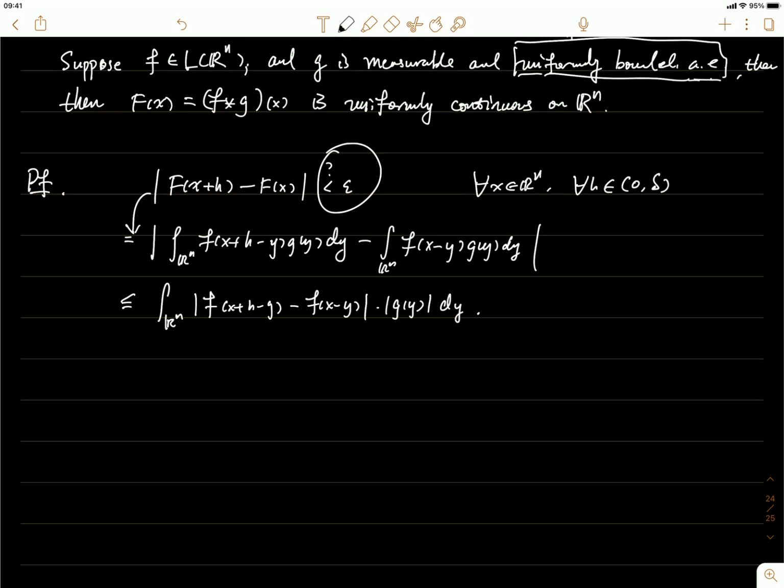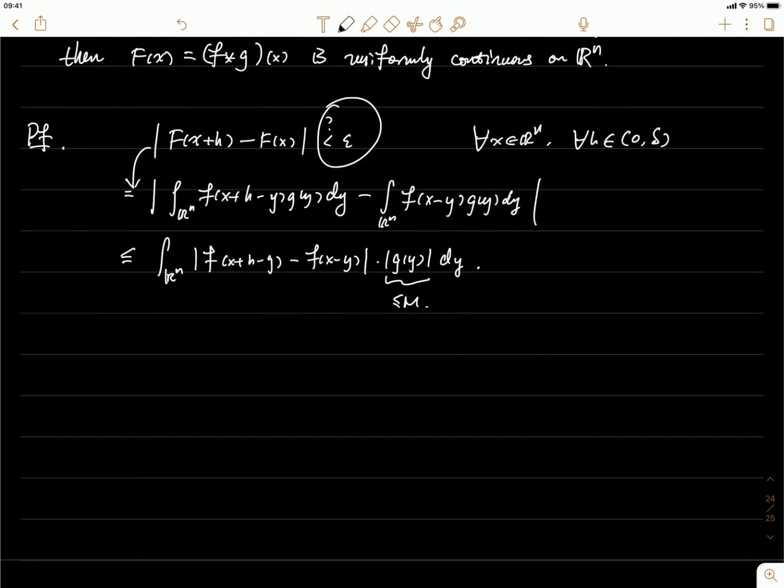Right? And because g is a bounded function, we know that this thing here is uniformly bounded by M, independent of y. So we only need to show that this part, so this is less than or equal to M times the integral of the absolute value of the difference here.